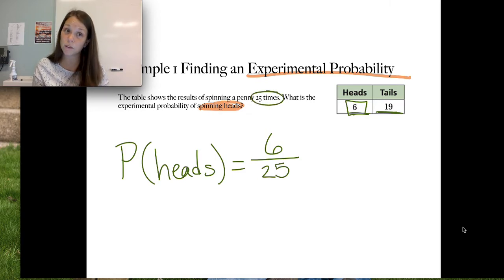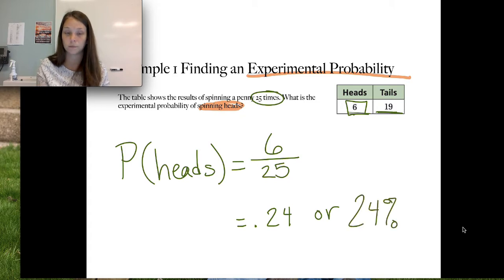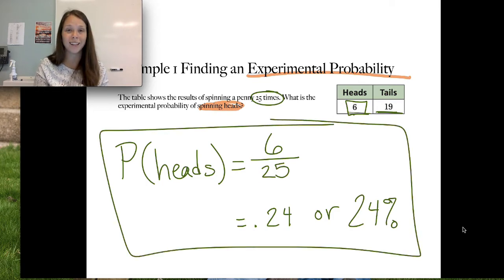But out of those 25 times, it landed on heads 6 times. So our probability of spinning heads based upon these results from an experiment is 6 divided by 25. You could write this as a decimal of 0.24, or as a percentage of 24%. And that would be our answer.